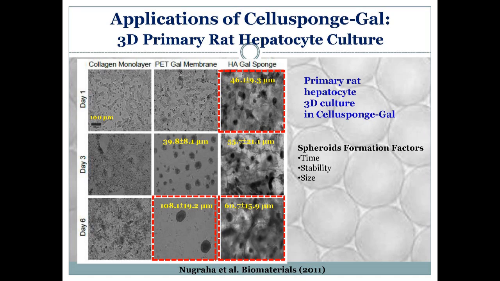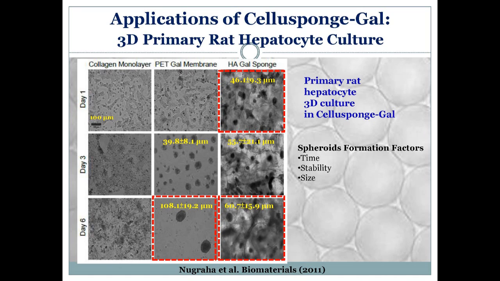Hepatocytes cultured on collagen monolayer were relatively flat and spread out from day 3 onwards, which means rapid loss of differentiated functions. Hepatocyte spheroid formation on PET galactose-coated membrane took 3 days and often collided with nearby spheroids to form larger ones.